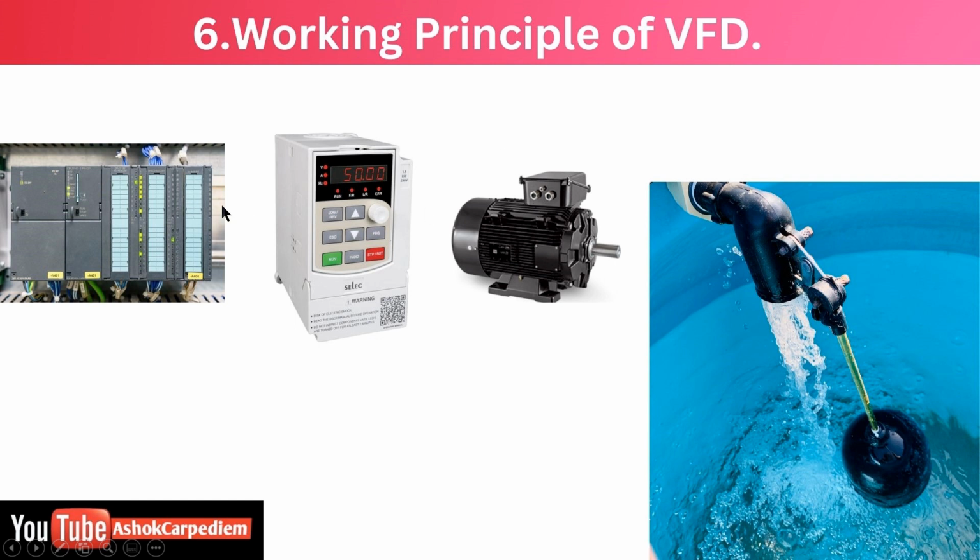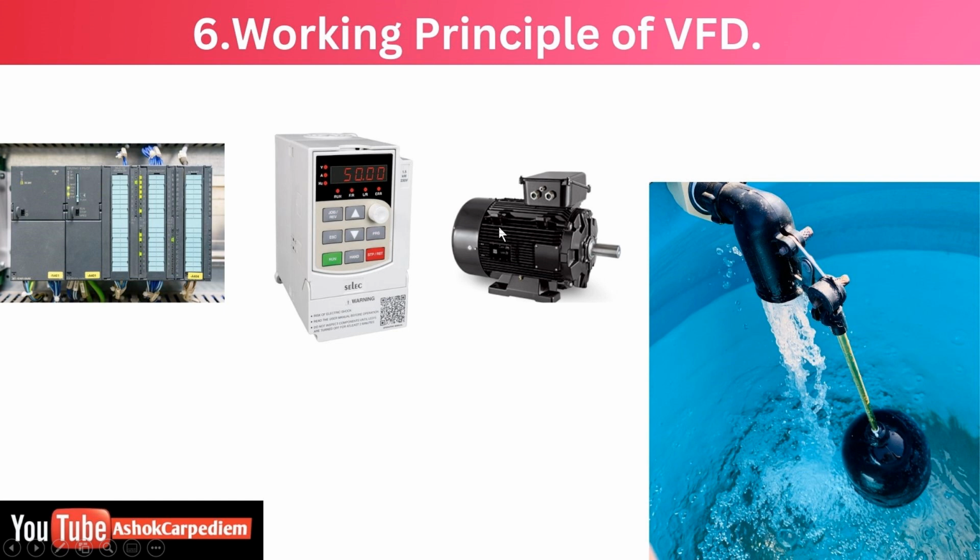When I set the RPM as 50 and my maximum range is 0 to 100, it will send 5 amps. It means the motor will rotate at half the speed. Now, if I want full RPM, 100 RPM, it will give all the 10 amps to this motor, meaning this motor will rotate at high speed and the water will fill very fast. So this is the very simple working principle of VFD.